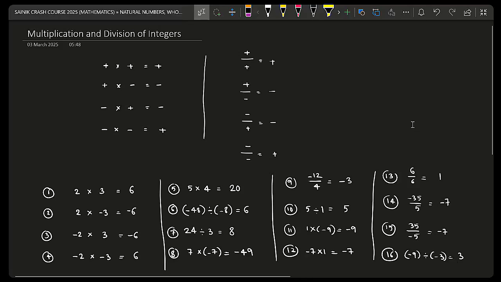Then we will take previous year Sainik questions based on them. I hope everybody copied.